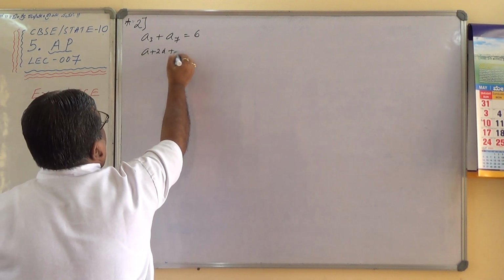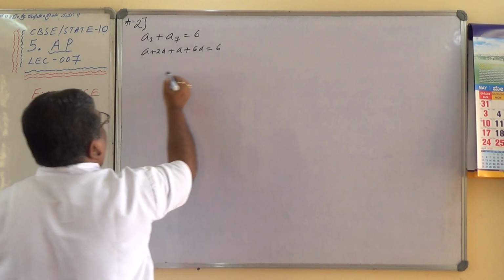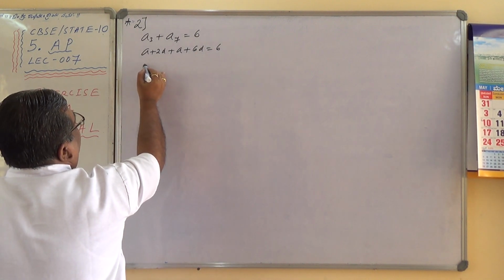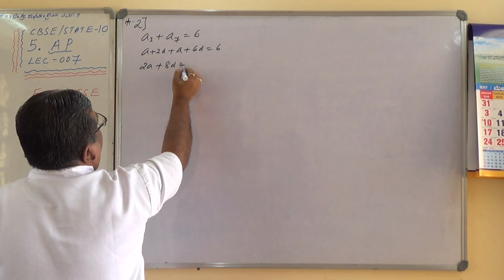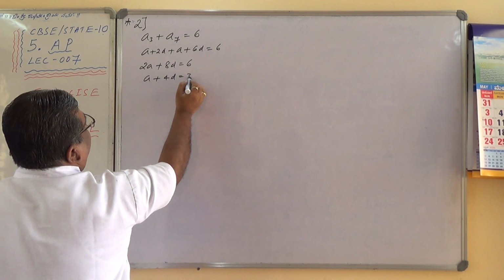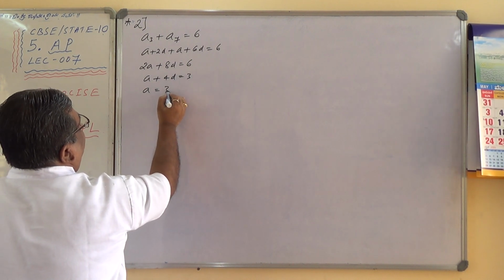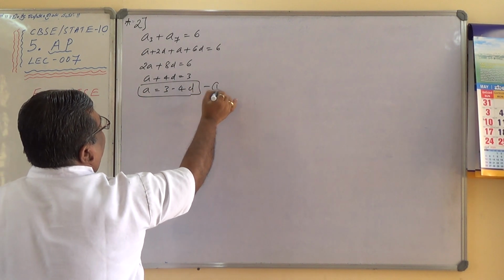A plus 2D plus A plus 6D equals 6. 2A plus 8D equals 6. A plus 4D equals 3. A equals 3 minus 4D. Mark this one.